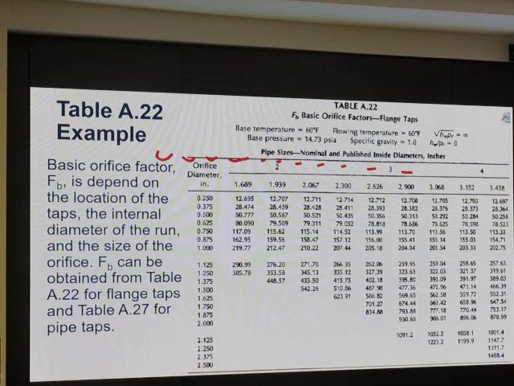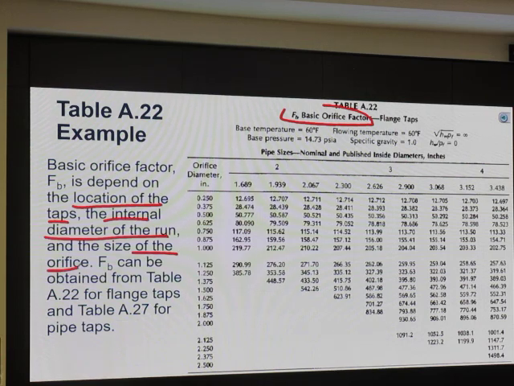Let's take a look at basic orifice factor. Basic orifice factor depends on the location of the tap, the internal diameter of the run, and the size of the orifice. This thing is the most important, F sub B, because it changes a lot.